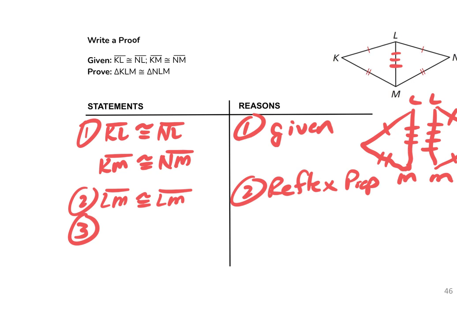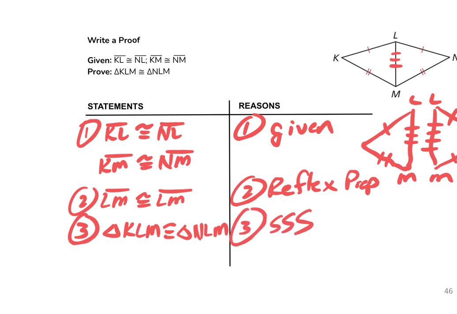You don't have to make up your own statement right here because they already give me a statement to use. This is what we're trying to prove. Triangle KLM is congruent to triangle NLM by side, side, side.